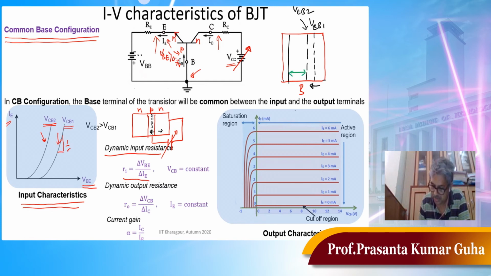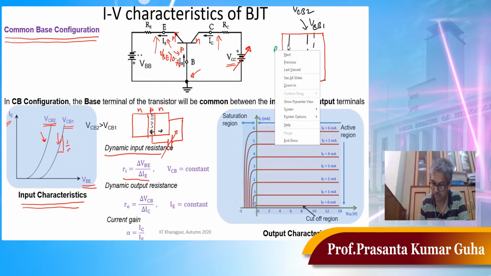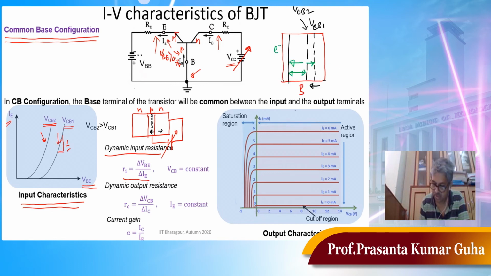So this is the newer base width. The earlier base width is up to this. So if the effective base width decreases, then fewer carriers recombine in the base. Okay, in this case it is an NPN transistor, so electrons are moving from emitter to collector. That gives rise to current.